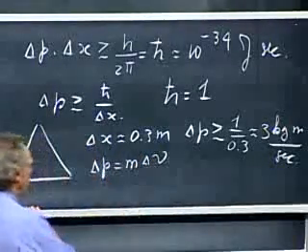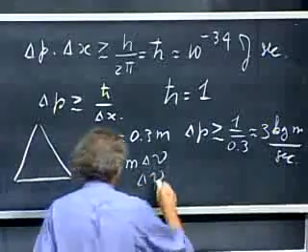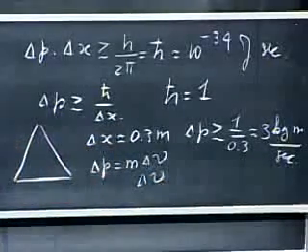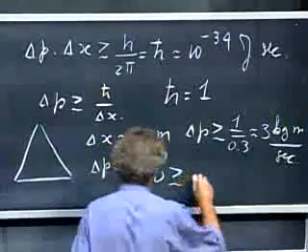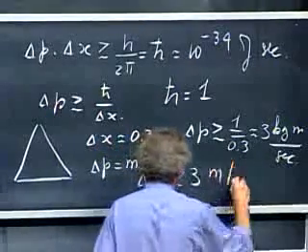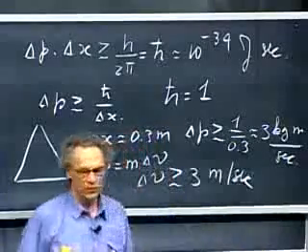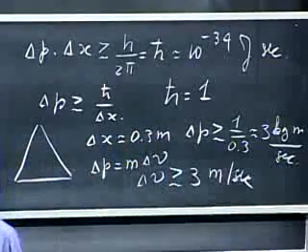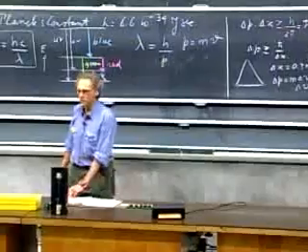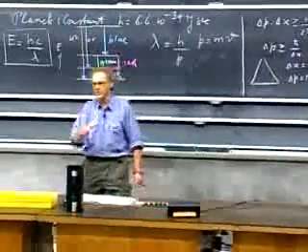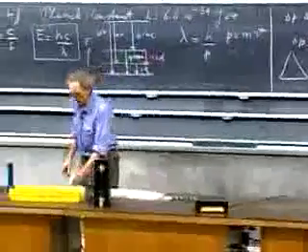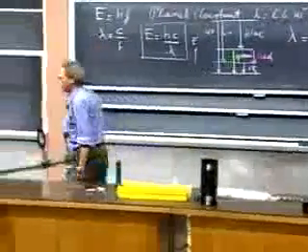And so if m is 1 kilogram, then the speed of that billiard ball is undetermined, according to Heisenberg's uncertainty principle, by at least approximately 3 meters per second. 3 meters per second means 7 miles per hour. And so that billiard ball will go around like crazy in that triangle. And that's exactly what happens in the dream.